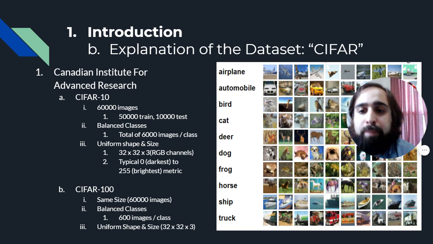And the beauty of the CIFAR is that it's already set up for you in terms of having balanced classes and a uniform amount of data points. So both CIFAR 10 and CIFAR 100 are going to have 60,000 images, already split 50,000 train, 10,000 test points. Each class is going to be perfectly balanced with 6,000 images.